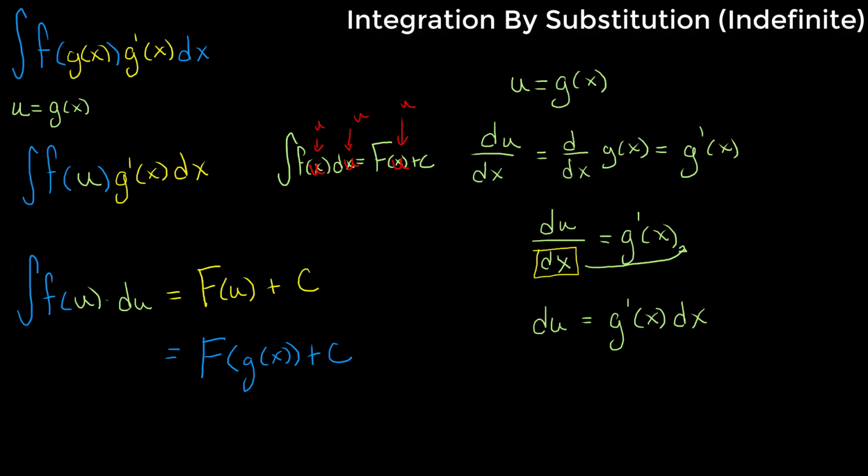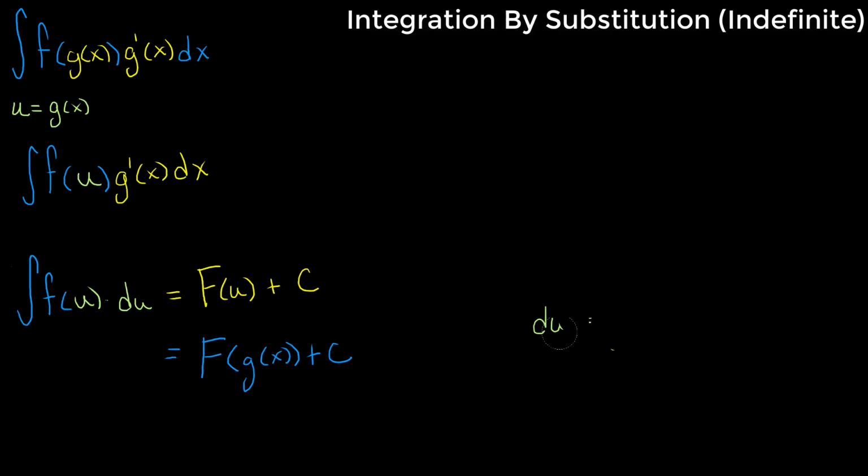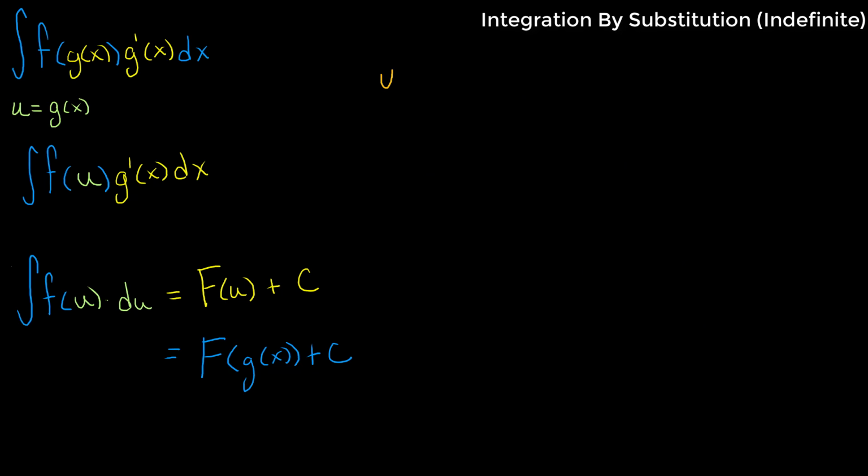So let's solidify this by going over that example that we did before one more time. Earlier we computed the integral of cosine of x squared multiplied by 2x with respect to x. Just like last time, we were looking for that pattern, for what substitution we should have made, and that was the g of x because that was going to give us g prime.